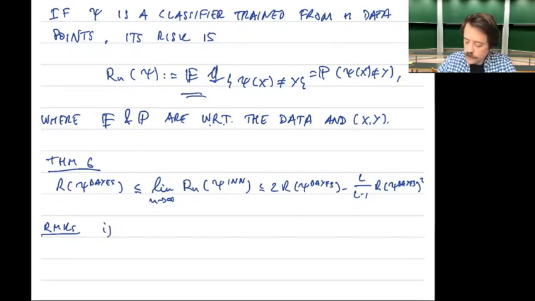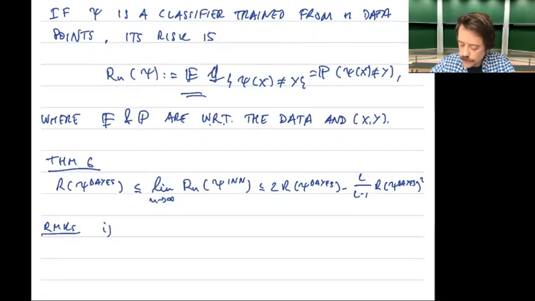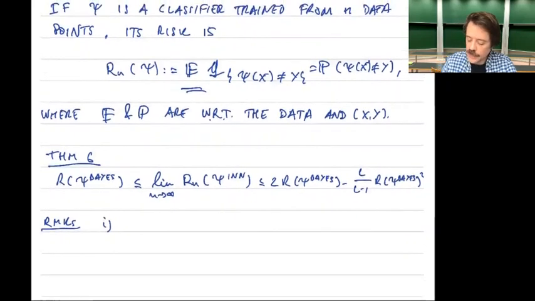So the first one is, what we conclude from here is that certainly the risk of this one nearest neighbor is between the risk of the base classifier and 2 times the risk of the base classifier. But actually the space that you have between the 2 bounds can be quite tight. And certainly, if we only focus on the 2 times the risk, well, that's reassuring, right?